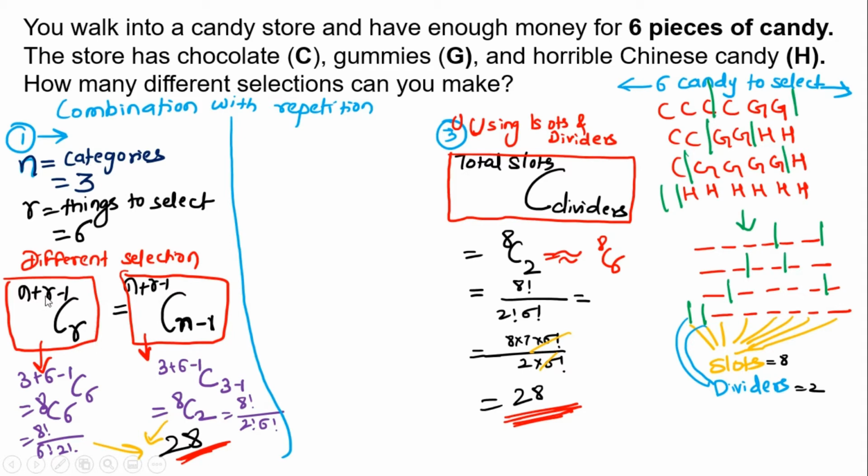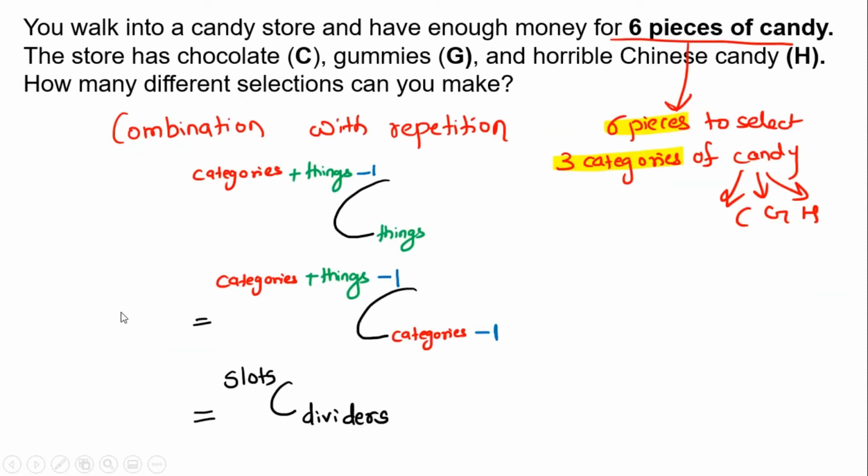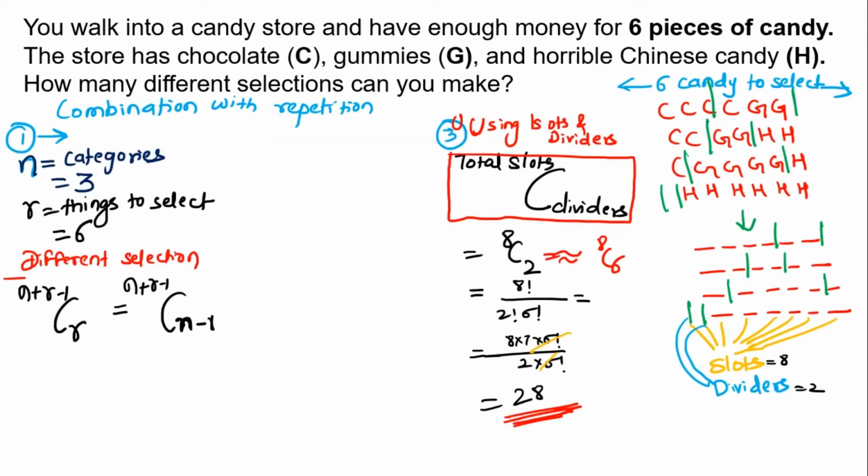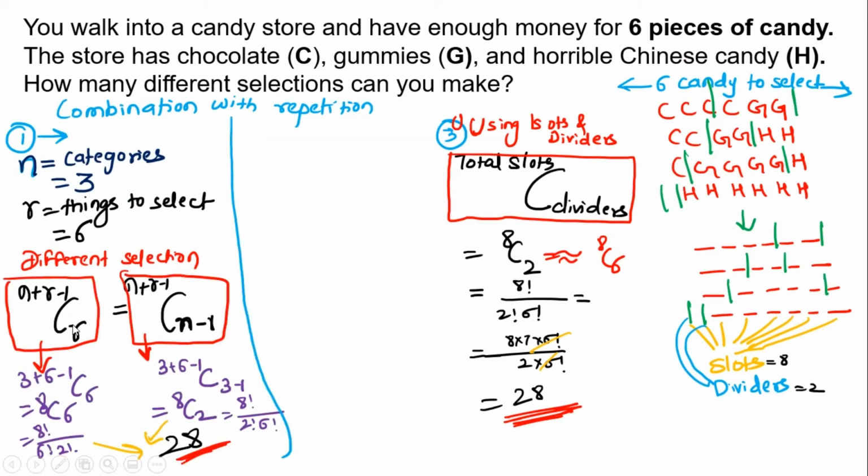So we will use this formula, n plus r minus 1 combination r. If we put in the values, we have 3 categories of candy plus 6 candies to select, minus 1, combination with how many things you have to select, that is 6. So I will get the answer, that is 28.